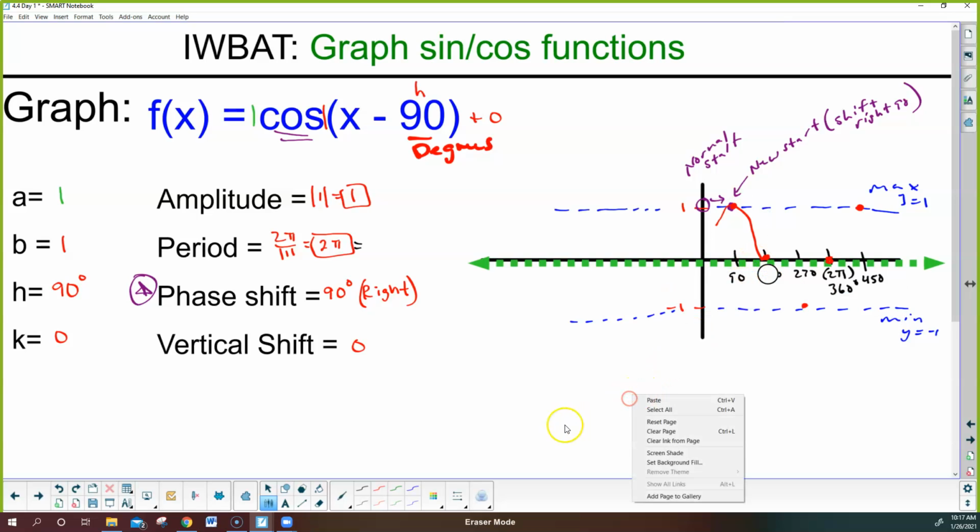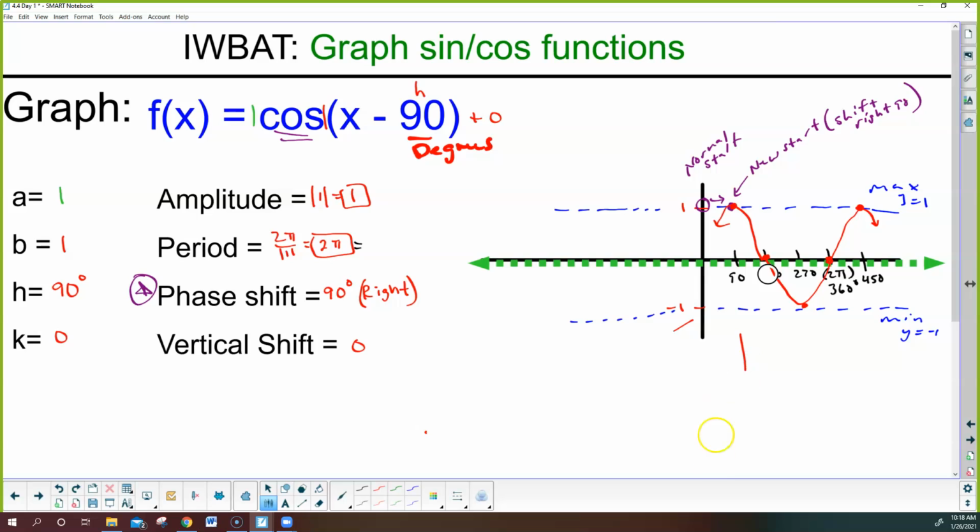Oh boy. Try this again. And then I can connect, and you can see there's one full period here again.